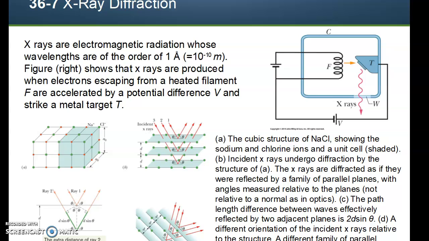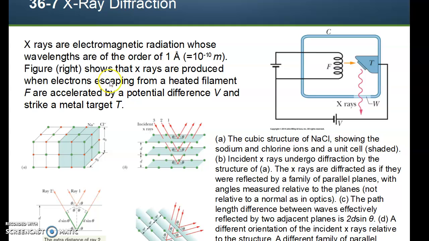The final section in this chapter is X-ray diffraction. This is a technique that inorganic chemists have used a lot, and some biochemists have used a lot, in order to resolve protein crystal structures. Essentially, you've got X-rays, which are electromagnetic radiation, so the wavelengths here are of the order of about 1 angstrom, 10 to the minus 10th meters, okay?